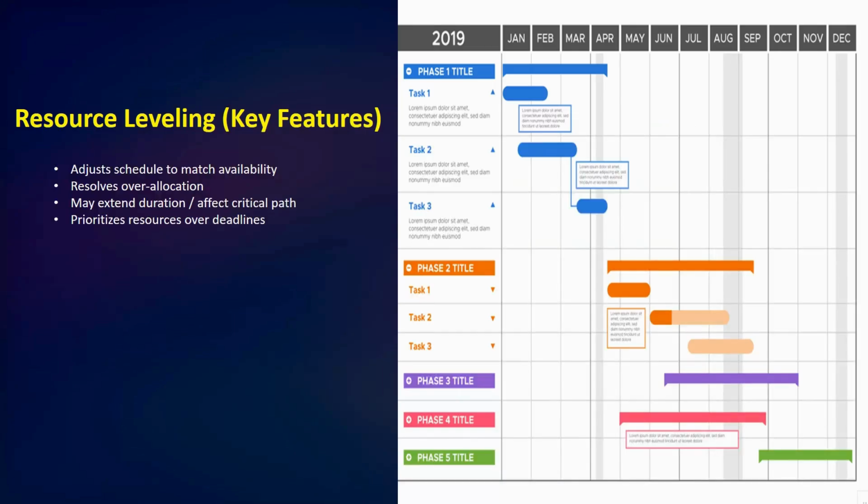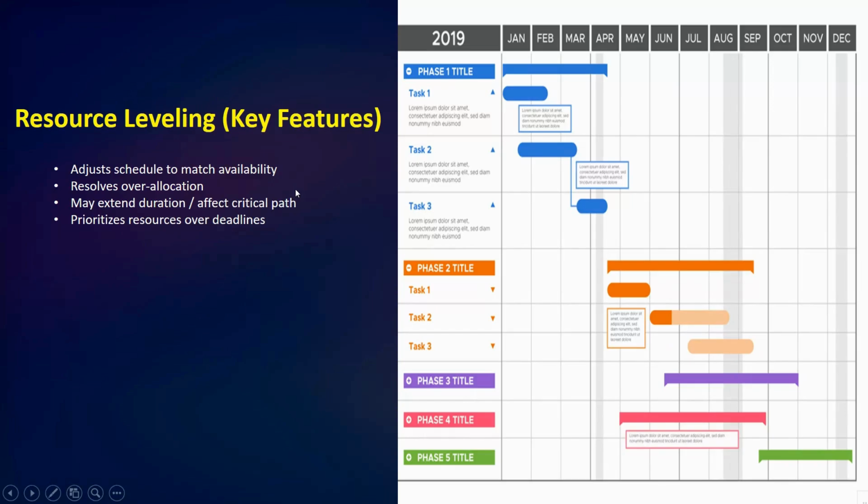Next, the key features of resource leveling: it adjusts the schedule to match availability, resolves over-allocation, may extend the duration and affect the critical path, and prioritizes resources over deadlines.